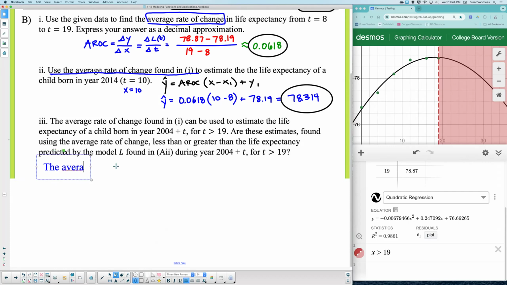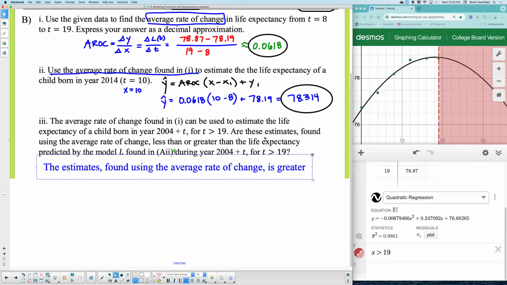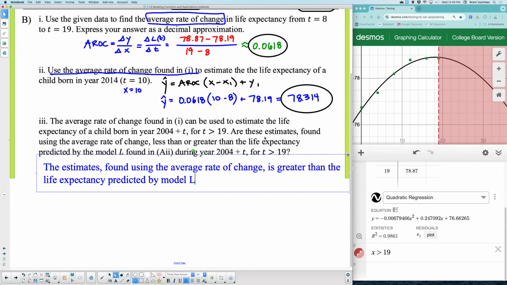You would say: the estimates found using the average rate of change is greater than the life expectancy predicted by model L. The reason is, since the model L is what?